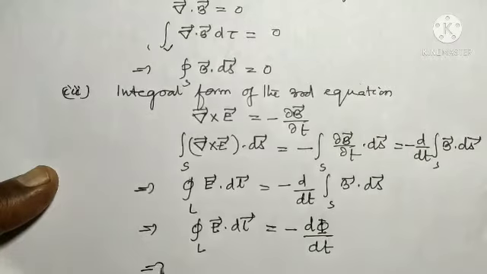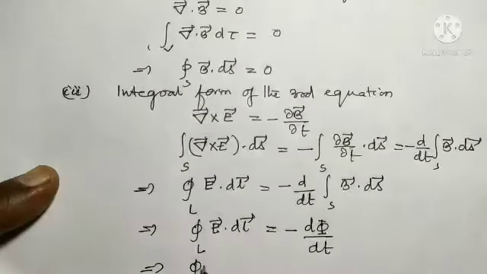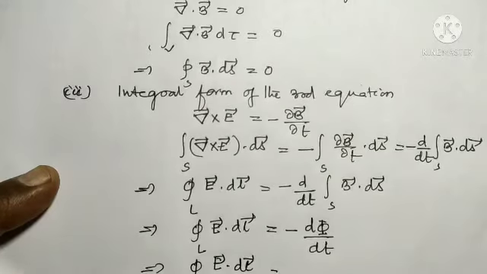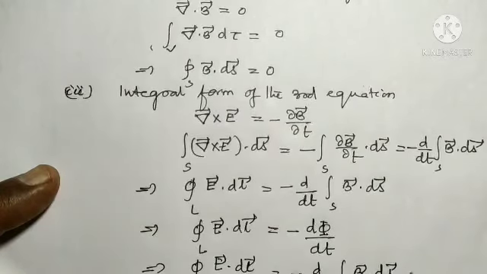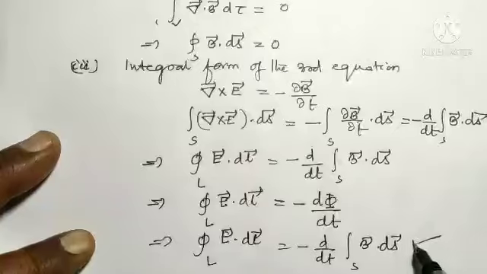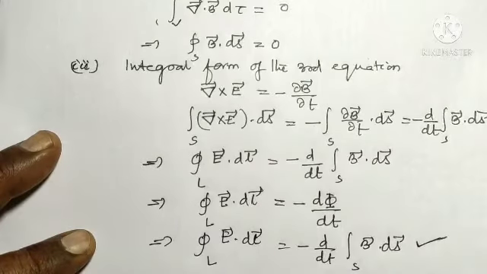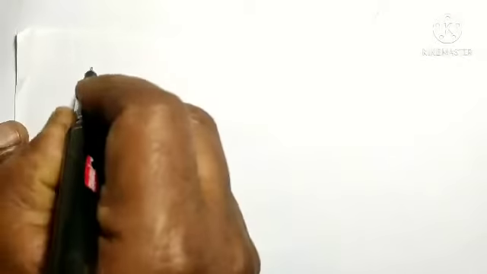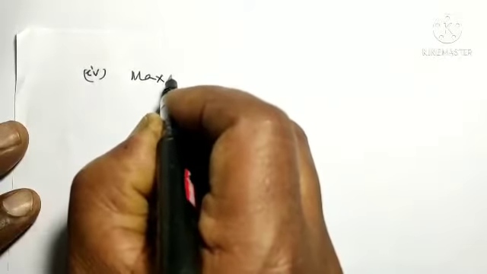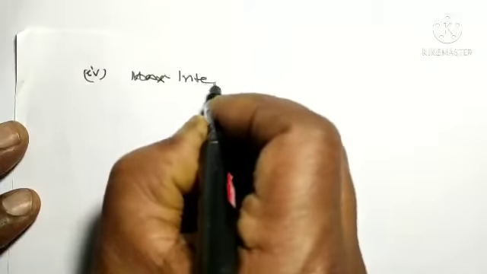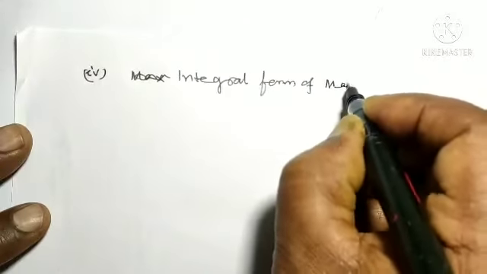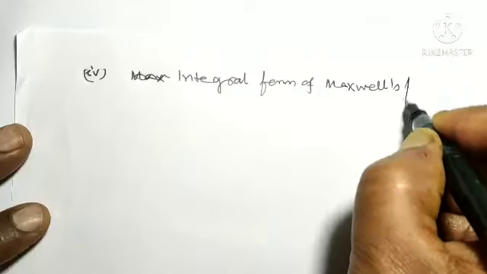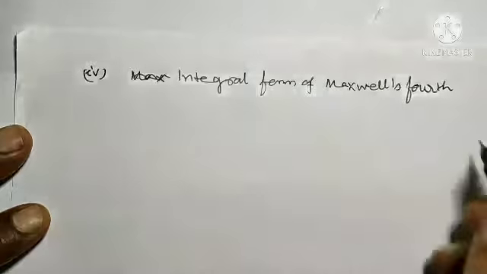Better we write in integral form, that is, closed line integral of E dot dl is equal to minus d by dt of surface integral of B dot dS. So this is the integral form of Maxwell's third equation. Next, integral form of Maxwell's fourth equation.